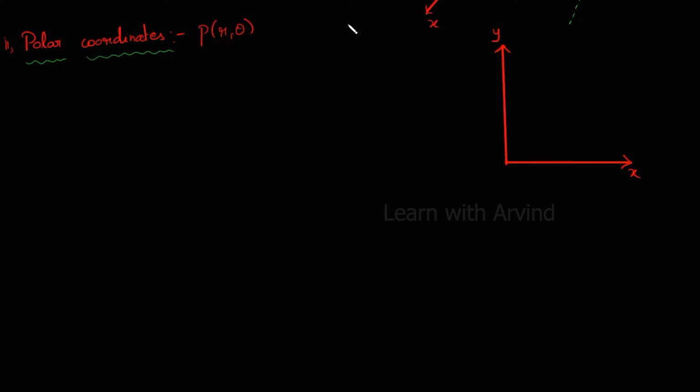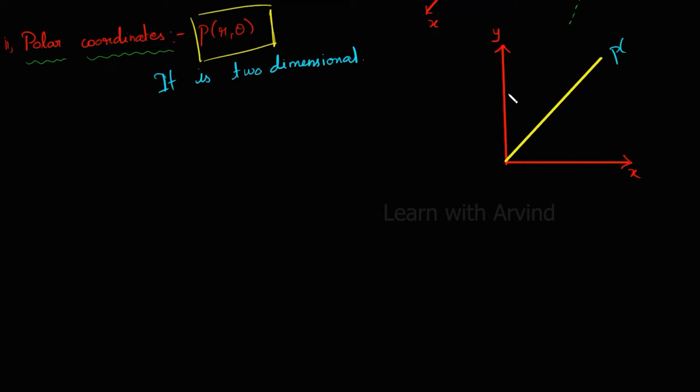Now let's move on to polar coordinates. Before starting that, note that it is two-dimensional. Polar coordinates will be of the form P of r, theta. Let's mark a point P. This point P is at a distance of r, which is the distance between the origin and that point.